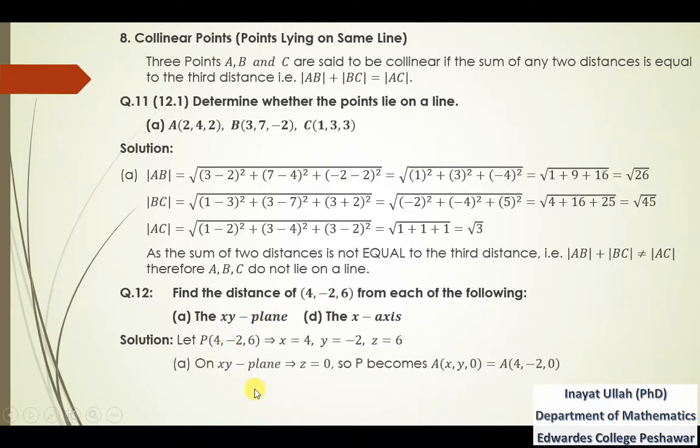Now on the xy plane, z is missing, so z is equal to 0. So this point P becomes, z will be taken as 0, x is x and y is y. But x is equal to 4 and y is equal to minus 2.